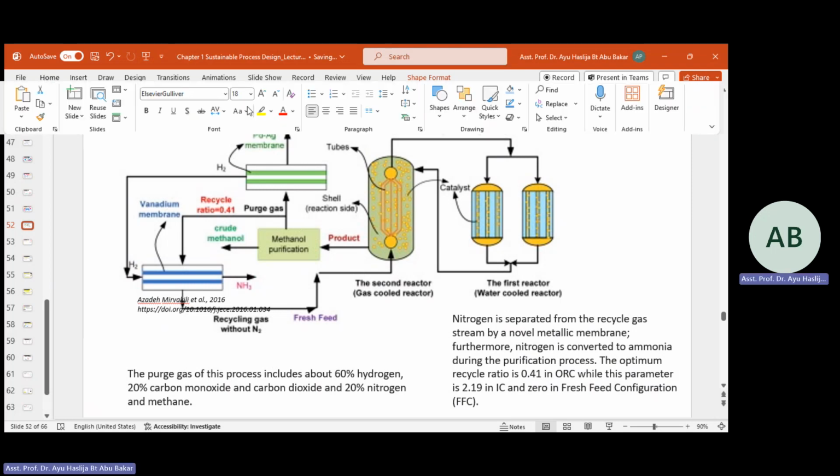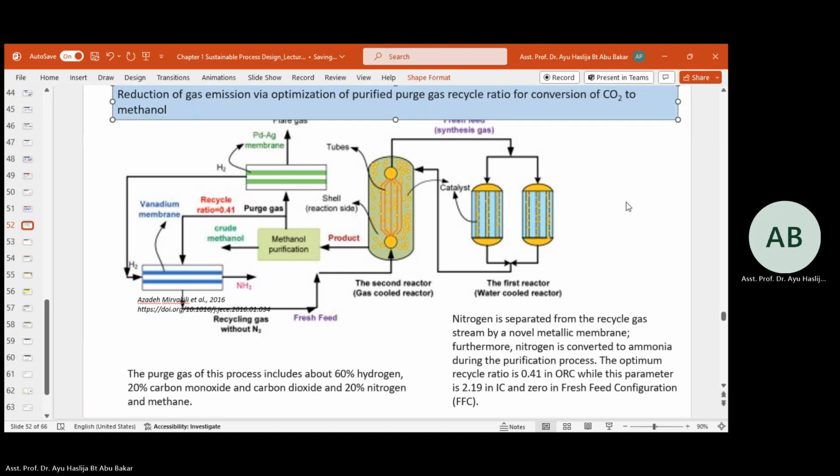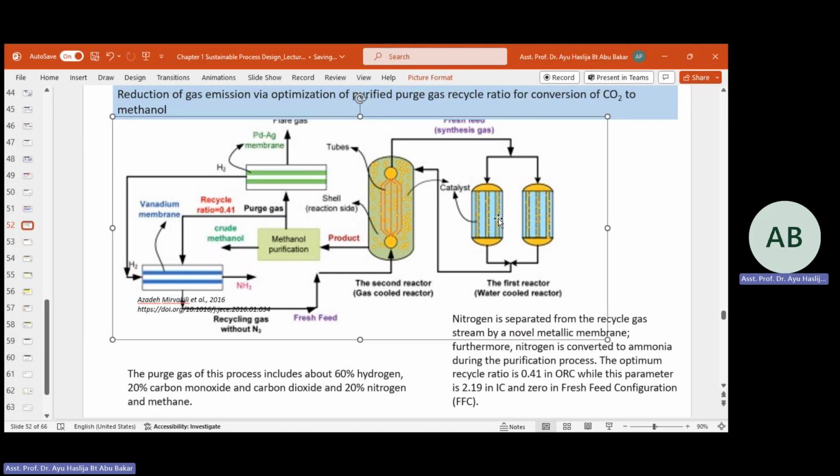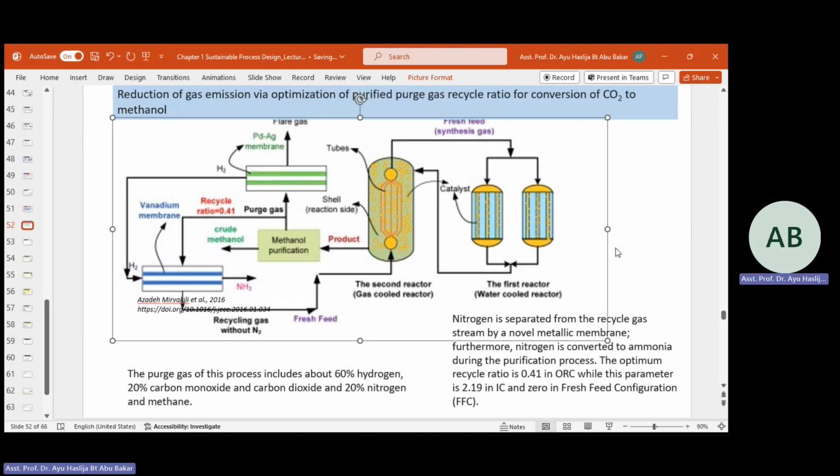Let me make it larger. Okay, this is the title of the journal: Reduction of gas emission via optimization of purified purge gas recycle ratio for conversion of CO2 to methanol.